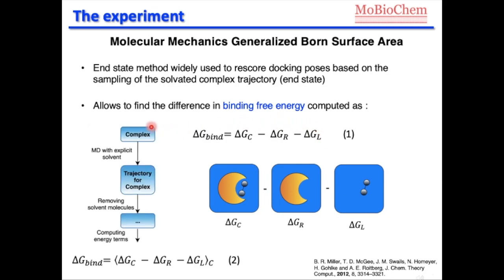Here on the left we see that we start with the complex, we run an MD simulation with the explicit solvent and we obtain the trajectory for the complex. Then the script removes the solvent molecules and inserts an implicit solvation based on the generalized Born equations, and then computes the terms in such a way that, as we see here, the angle brackets are based on the ensemble of the complex trajectory.